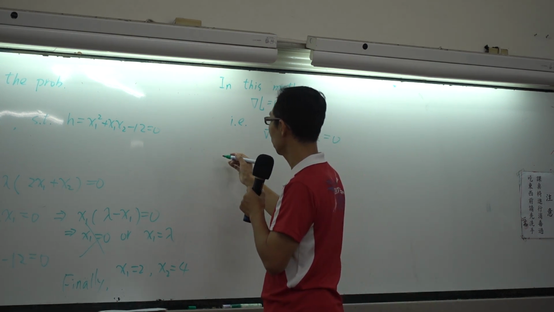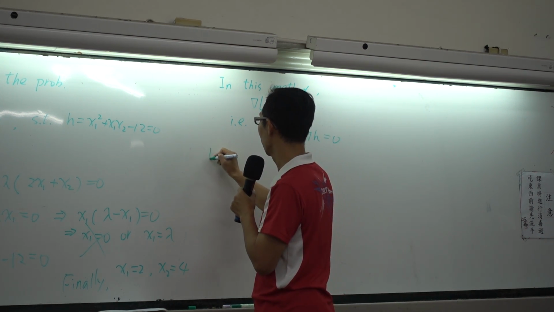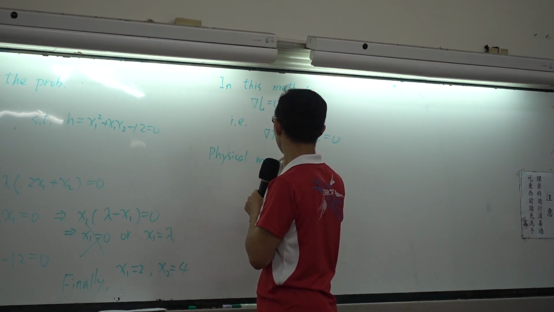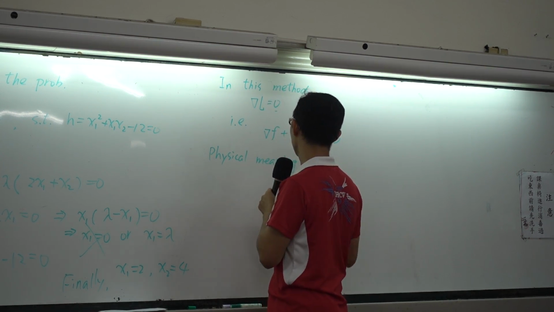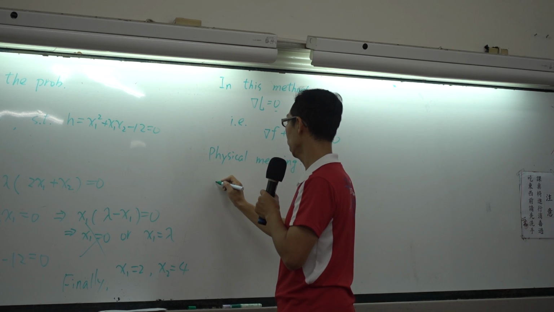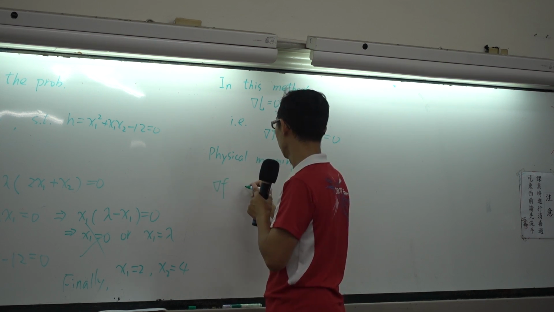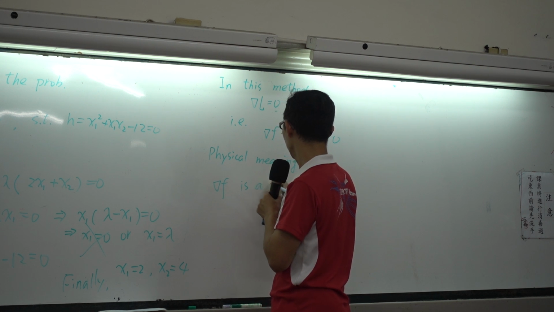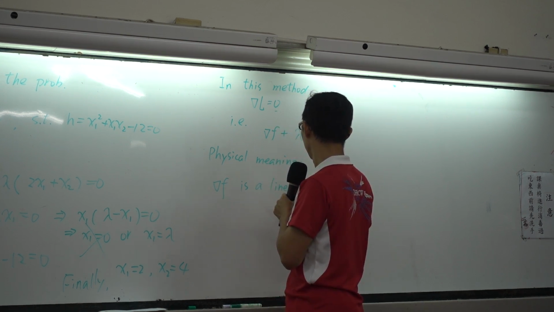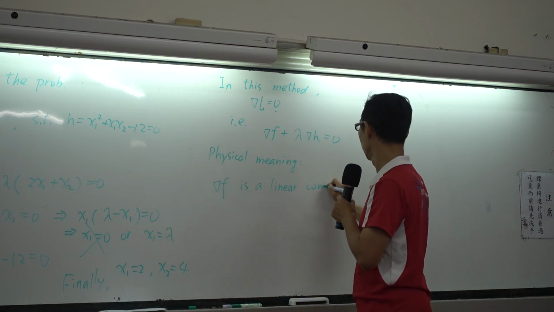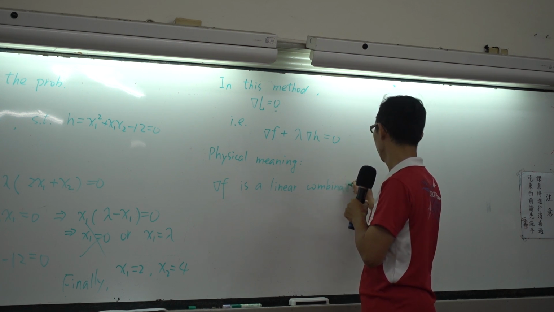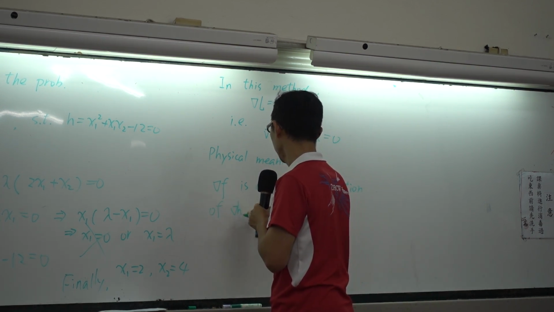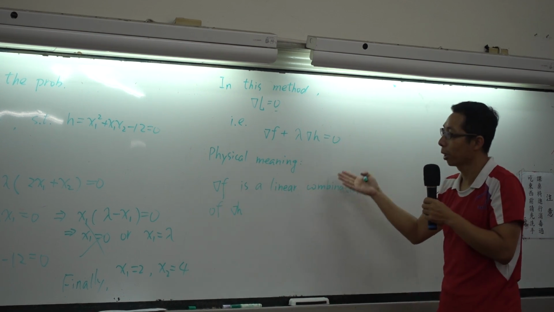So the geometrical meaning or the physical meaning, okay, so the physical meaning is that gradient f is a linear combination of gradient h, or negative gradient f, yeah, but that's the same thing, okay.